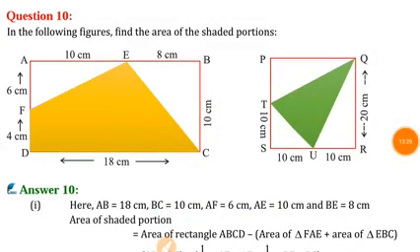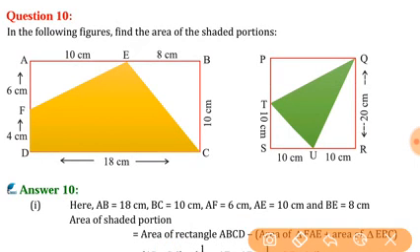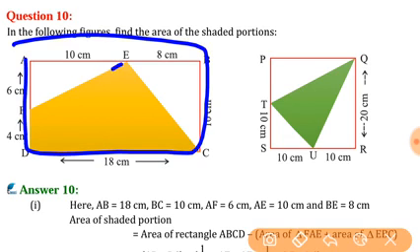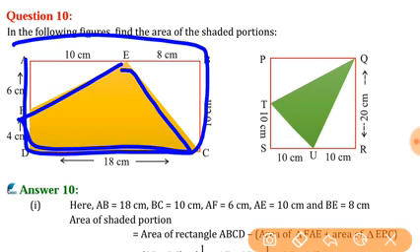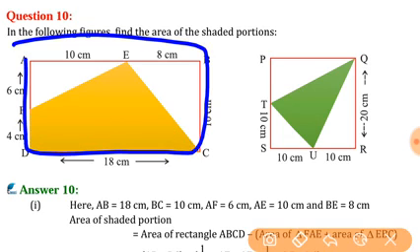In the following figures, find the area of the shaded portion. If you want to find the shaded portion area, we find total minus this area. Or what we can do: total minus this area and this area, you will get the remaining portion.